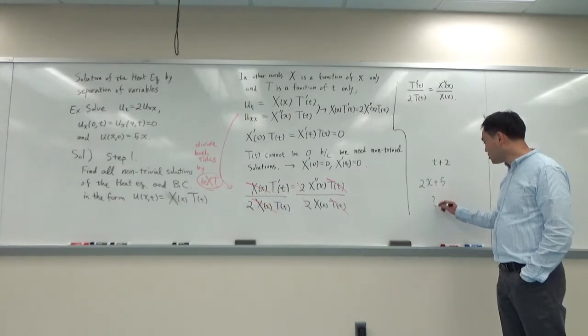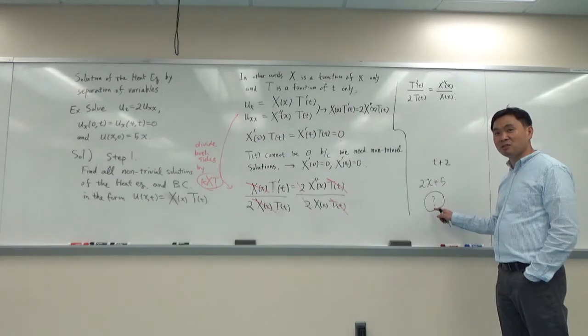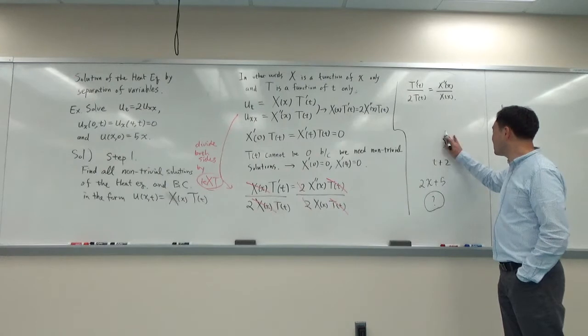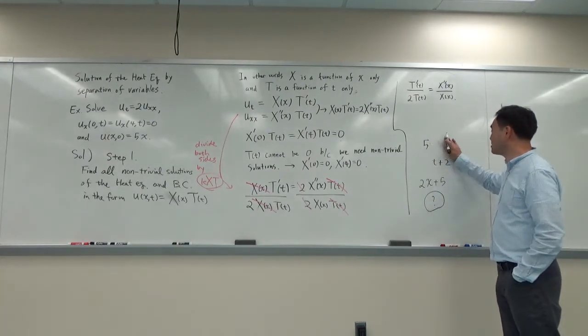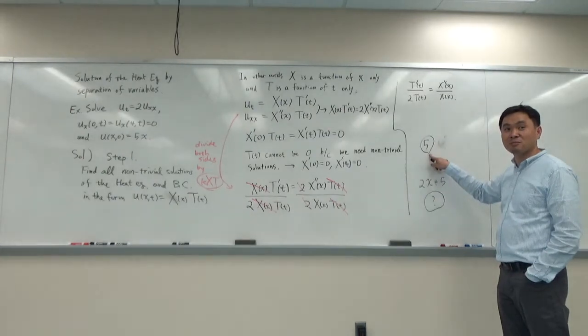So what kind of function can you write so that you can say it's a function of t or a function of x? What can you do? Constant. Yeah, a constant. If you just have, like, 5 here, can you call this a function of x? Yeah, it's a constant function of x, right?